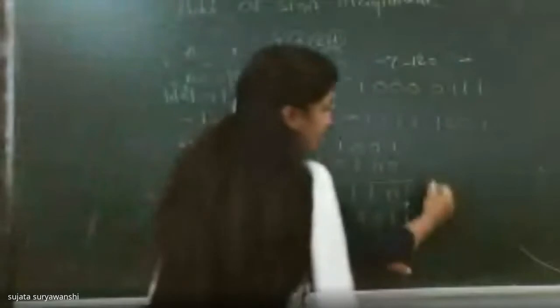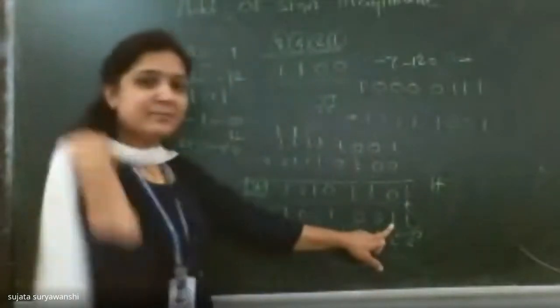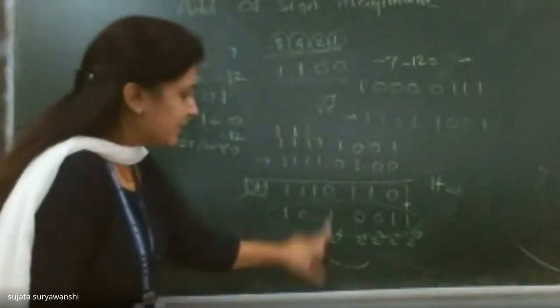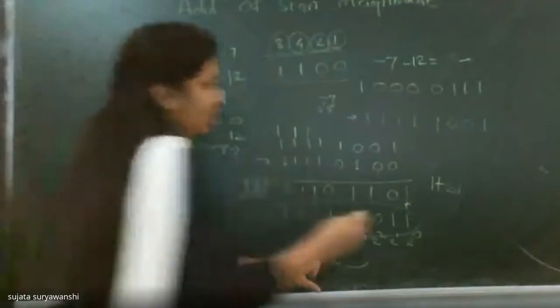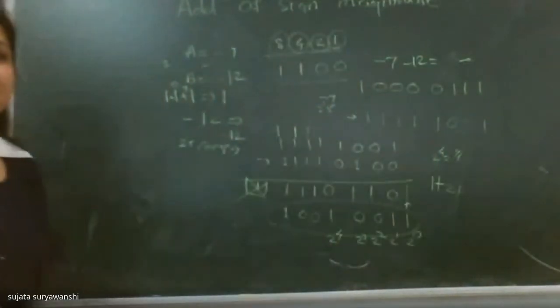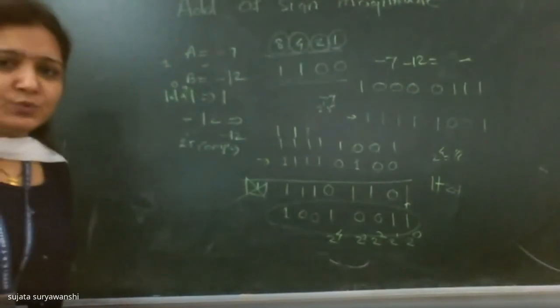So 2 raised to 0 means 1. Plus 2 raised to 1 means 2. Now, where 1 is present in your result, it is present at 2 raised to 4. So plus 2 raised to 4. 2 raised to 4 is equal to what? Tell me. 32.